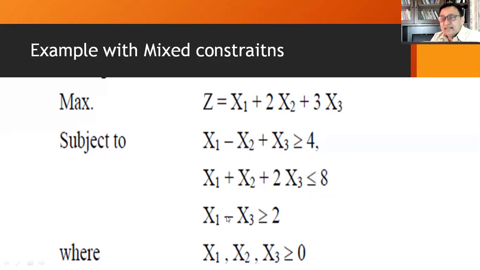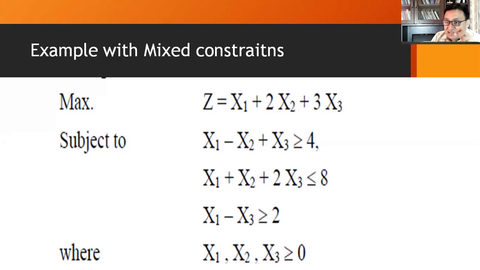And the third constraint is again greater than or equal to type: x1 minus x3 minus s3 equals 2. So here we have introduced s1, a surplus variable, s2, a slack variable, and s3, a surplus variable, to equalize the constraints.